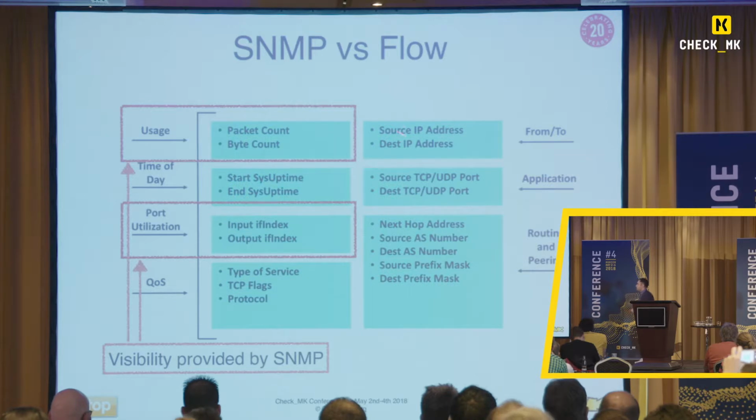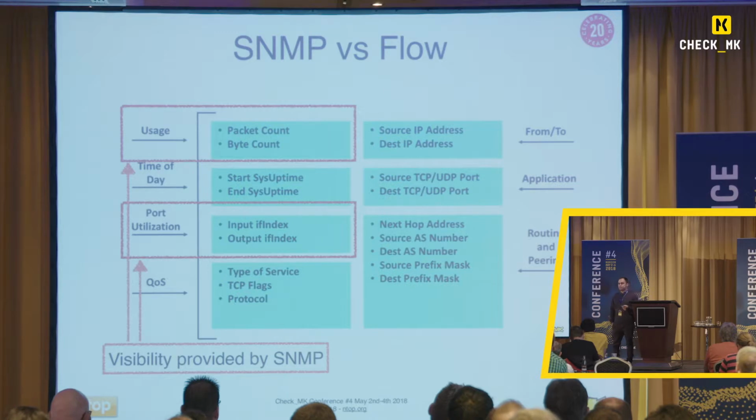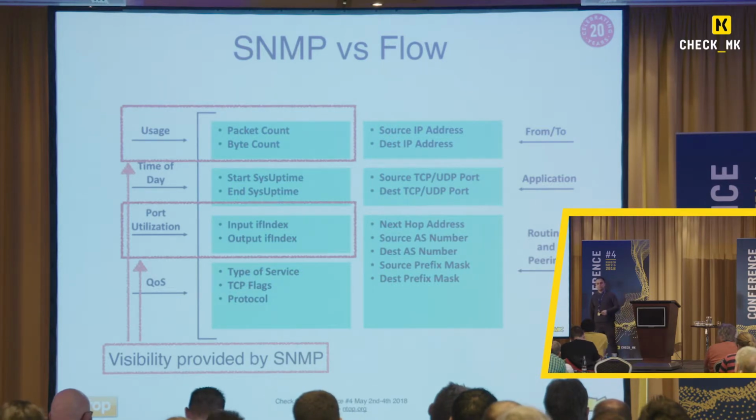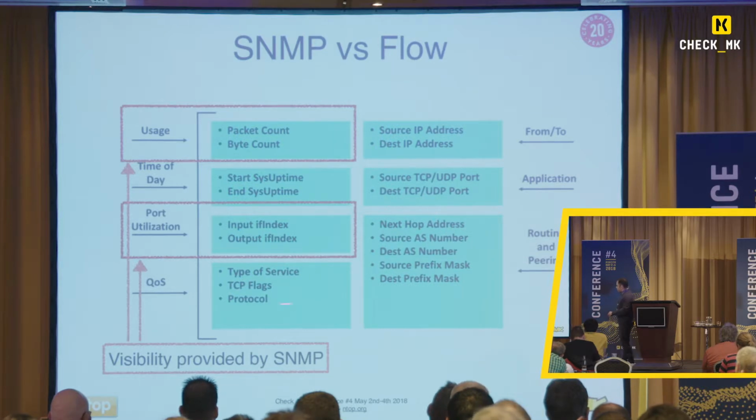You have, for example, the source and destination IP addresses. You can see the source and destination ports. You can have quality of service metrics to see if TCP sessions are slow or fast. Or you can augment flows with routing information, maybe for traffic engineering purposes. So from SNMP, we can add a lot more information elements.